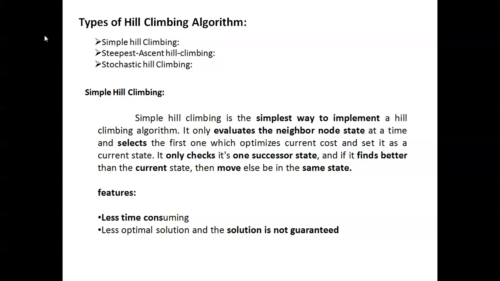A feature of simple hill climbing is that it is less time consuming, but the solution is not guaranteed and is less optimal. It only checks the successor state, that means the next nearby state, and moves there, or else it remains in the same state.